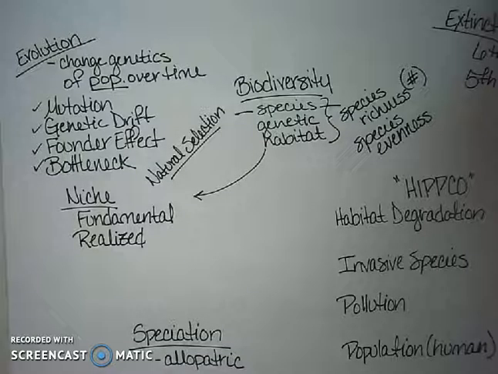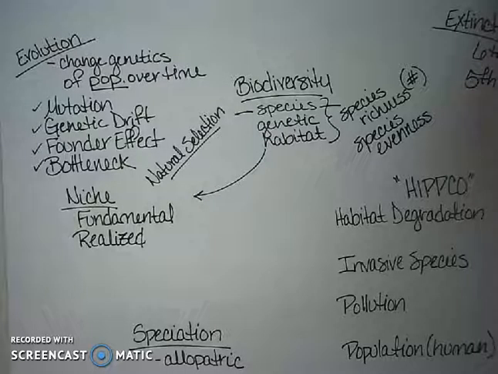But if there's a pressure, if there's competition, if there's predation, if there's a reason for evolution to occur, that is usually referred to as natural selection. And of course, we have artificial selection by us, to get different breeds of dogs and chickens and cows and tomatoes and stuff like that. That's artificial selection, basically us looking for things.